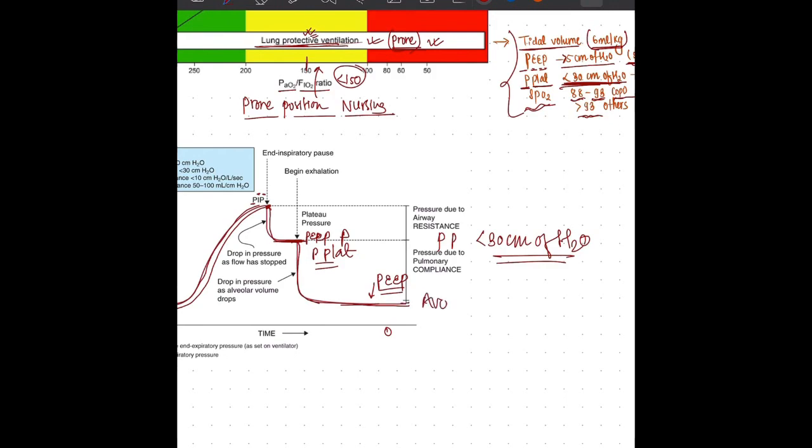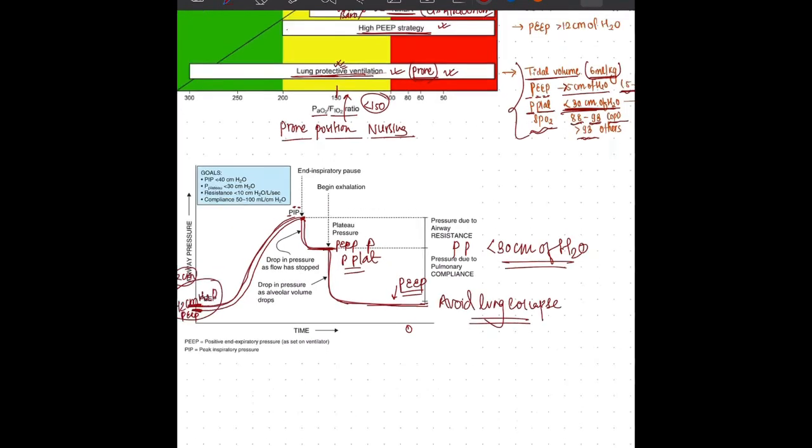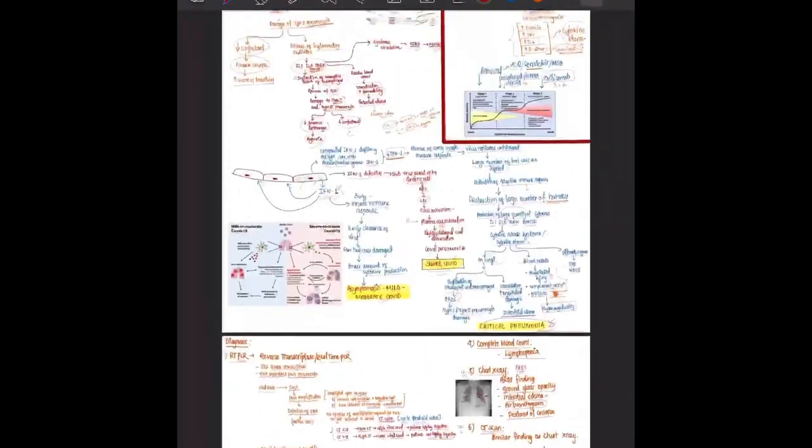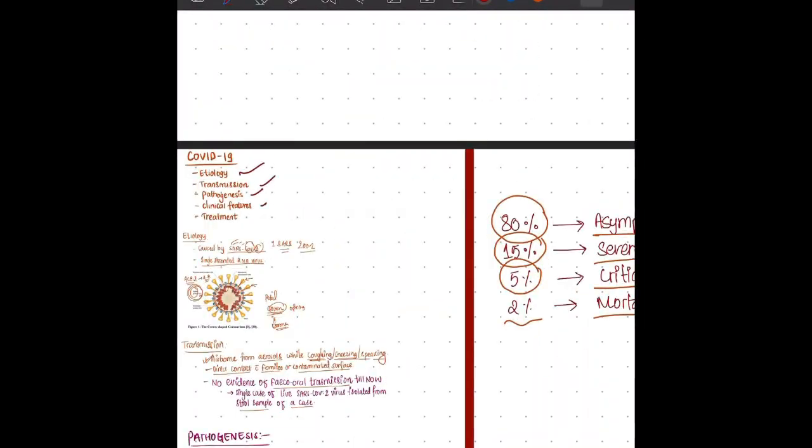So this PEEP avoids lung collapse. So this is how ventilation in case of ARDS due to COVID-19 is done. And by that we have explained the etiology, transmission, pathogenesis, clinical features, and finally the most tedious one, treatment of COVID-19.